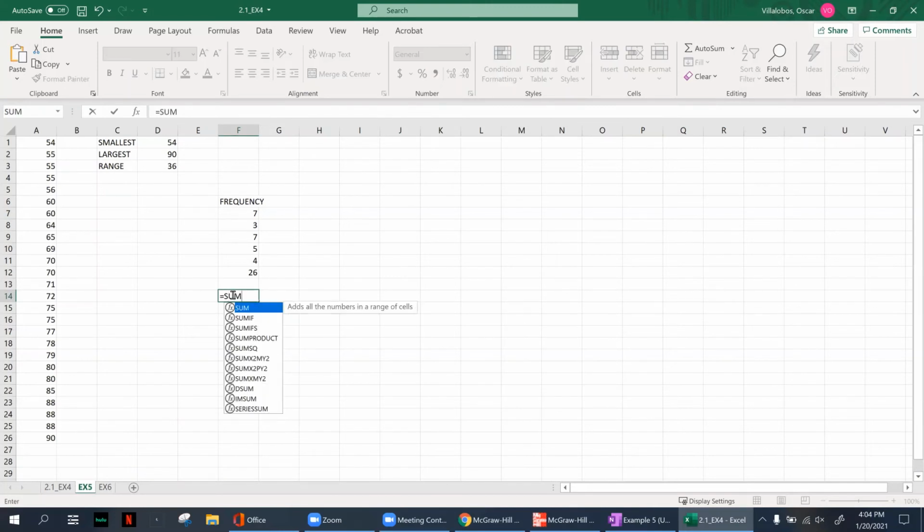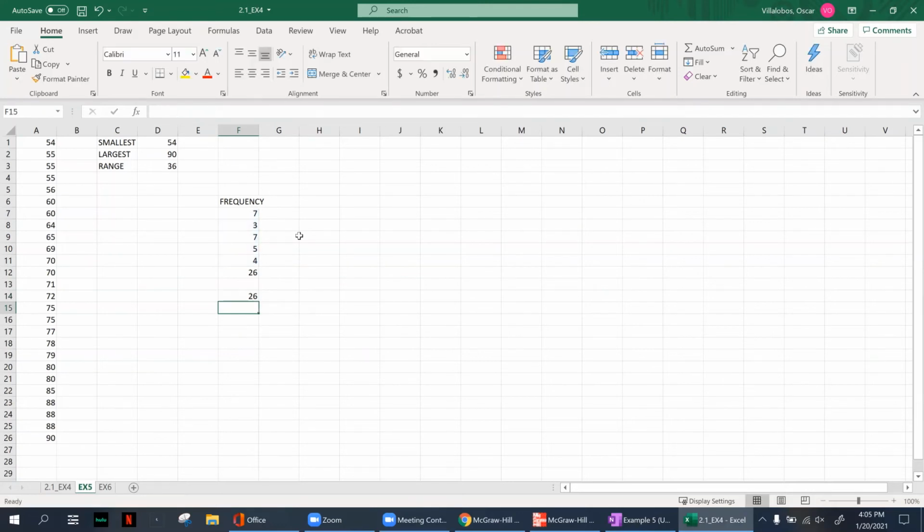You type in sum, open up parentheses, and let's choose the numbers we want to add. So I'm going to click and hold and drag it all the way down, not there, up here. And then you close your parentheses and click enter. So there, it gives me 26.